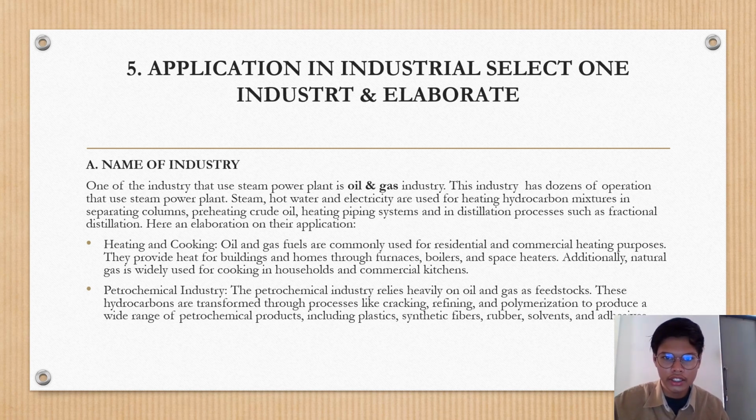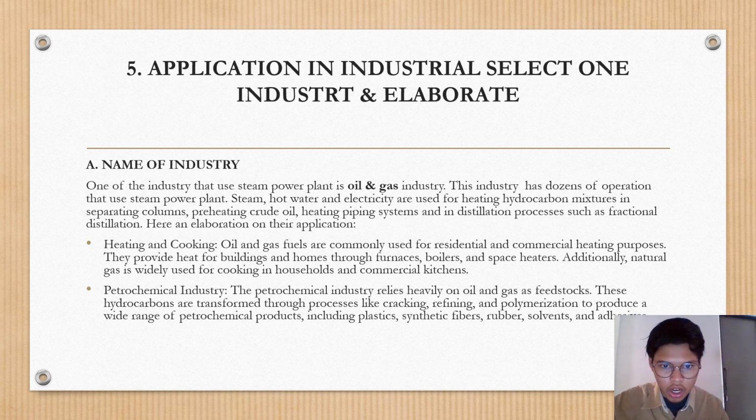Application in industrial. Select one industry and elaborate. A. Name of industry. One of the industries that use steam power plants is the oil and gas industry. This industry has dozens of operations that use steam plants.